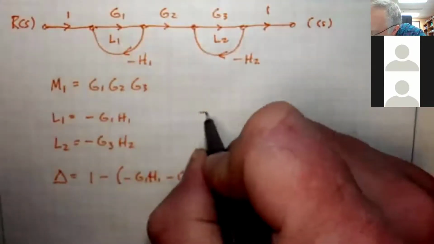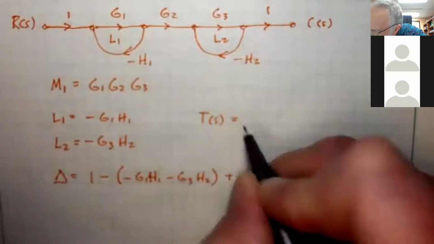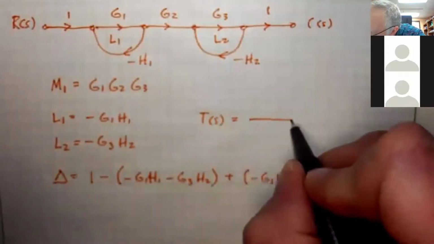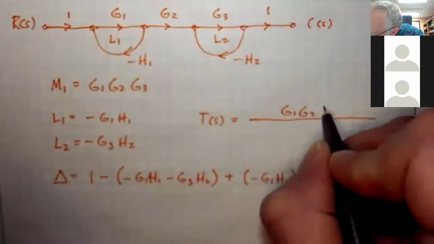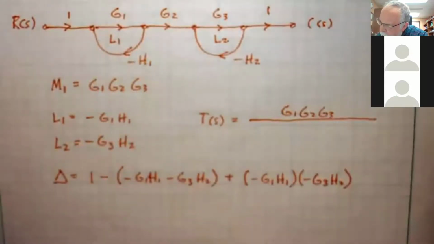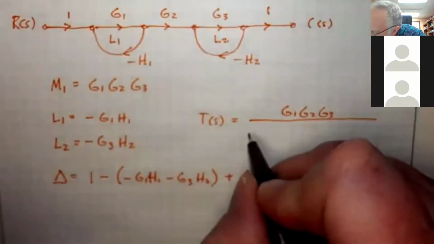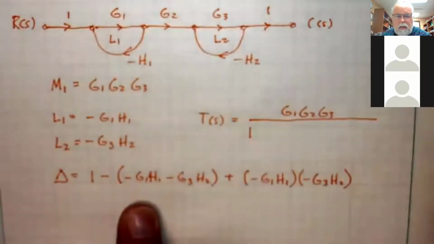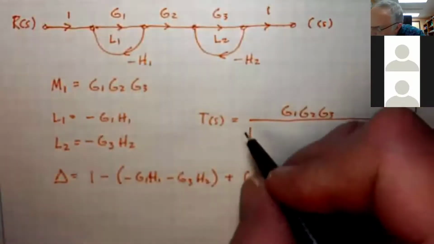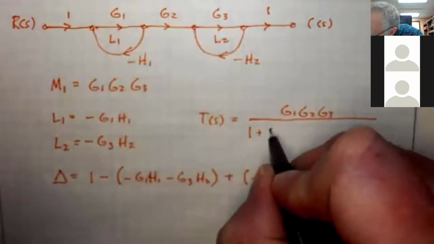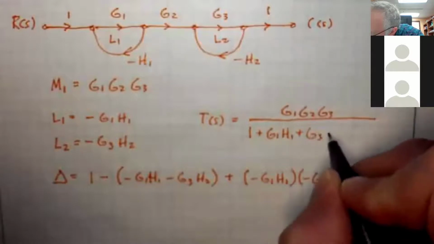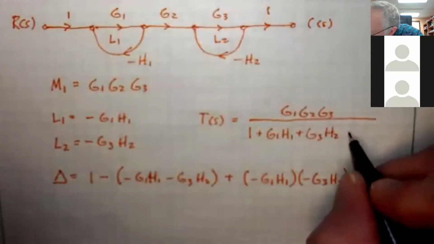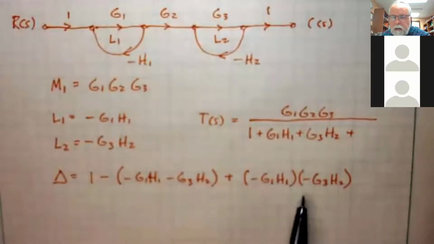And the transfer function, again, there's only 1 forward path. So that's going to be G1, G2, G3. And now the delta is going to be 1. Minus and minus makes that a what? Addition? Yeah, it's going to be a plus, right? G1, H1 plus G3, H2 plus, now these are a product.